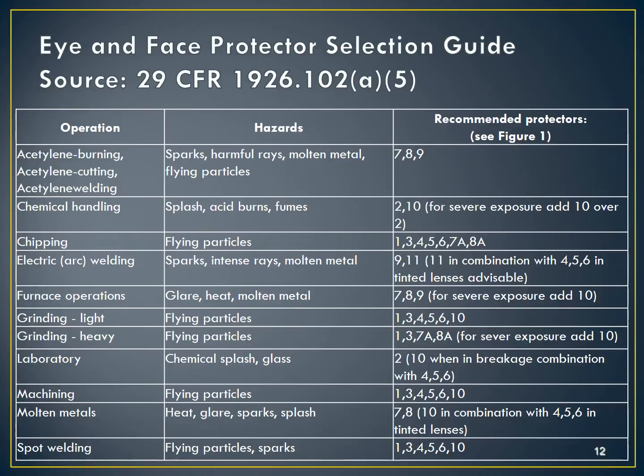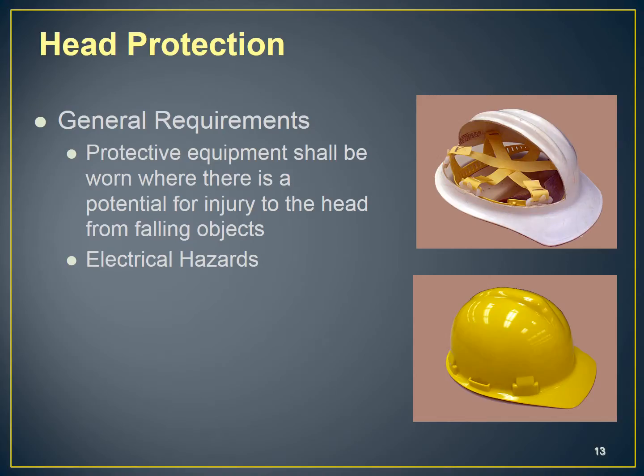And so it goes over in here, and it says choose 9 and 11, and that was on the last page. 11 in combination with 4, 5, and 6 in tinted lenses is advisable. So with that picture, which was actually pulled right out of OSHA, it just shows you exactly what you need to get. As I said, you can actually have someone come in and do this for you, so you don't have to look at this yourself, but it is something that is helpful if you need to look at a table.